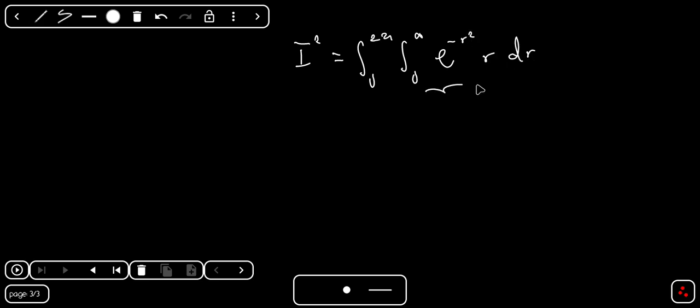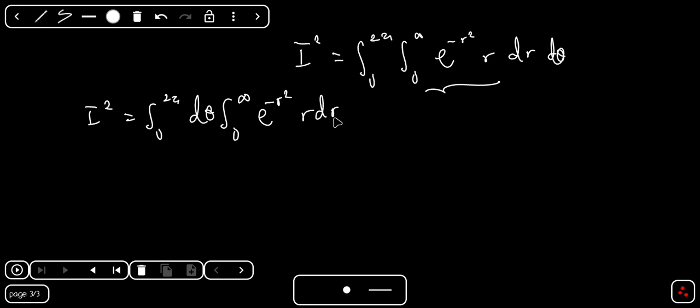So on the new page, this is what we have now. I squared equals the integral from 0 to 2 pi, then the integral from 0 to infinity of e raised to the power of negative r squared multiplied by r dr d theta. We can integrate this dr using integration by parts. Before that, we integrate d theta separately and also integrate the r part separately.